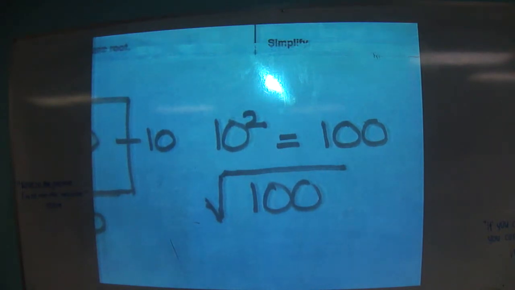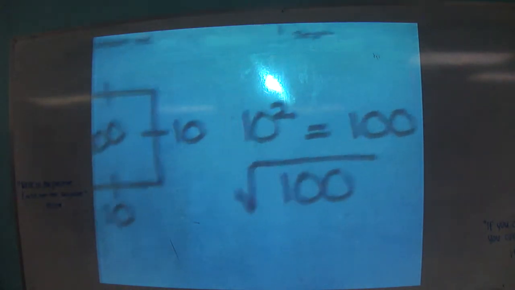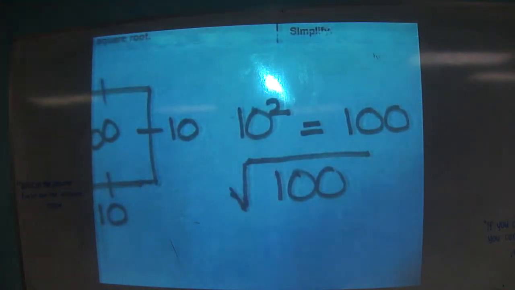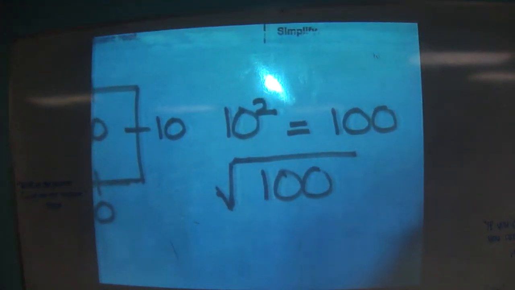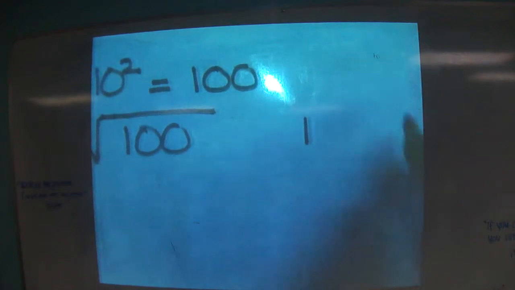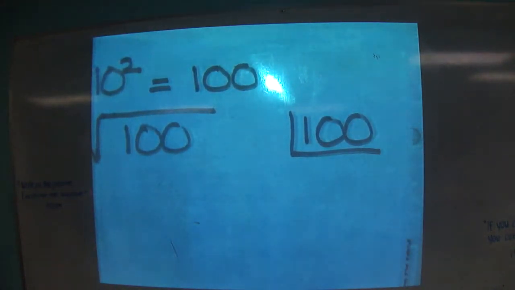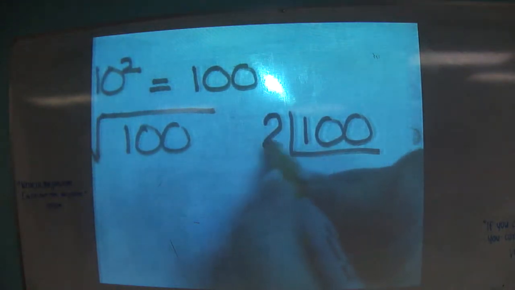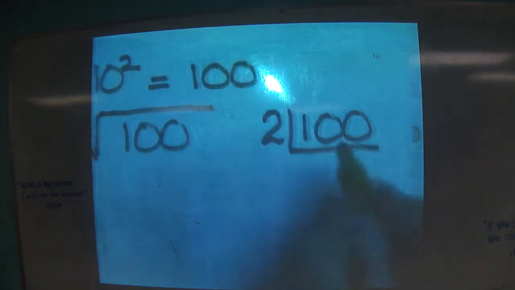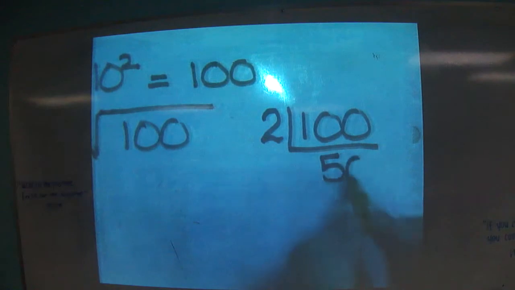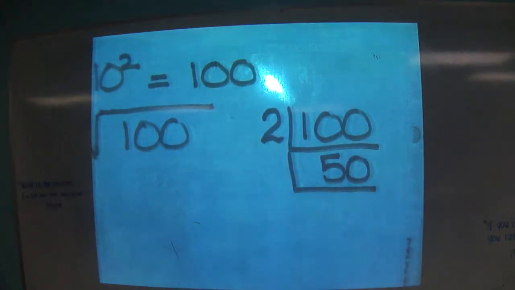I use factoring. It's the other F word. Fractions and factoring. So if I have 100, is 100 an even number? Yes. So 2 goes into it. I always look for prime factors. 2 goes into that 50 times. Is 50 an even number?